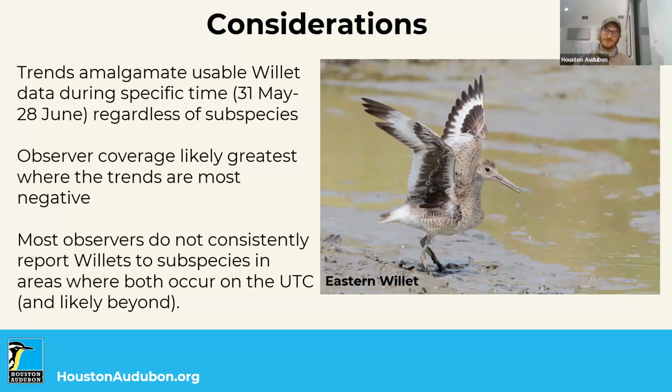One of the things I also want to point out is, even though, granted, the Texas coast in the summer doesn't really get the volume of birder input that it does in the spring or even the fall or the winter, more people live on the coast than live in southern Alberta, at least in terms of the spread of the population. So the fact that the birds are showing the steepest declines in areas that have the most consistent birder coverage is troubling.